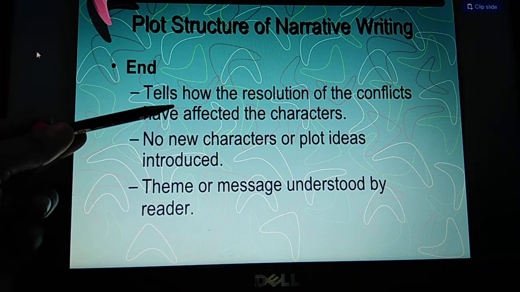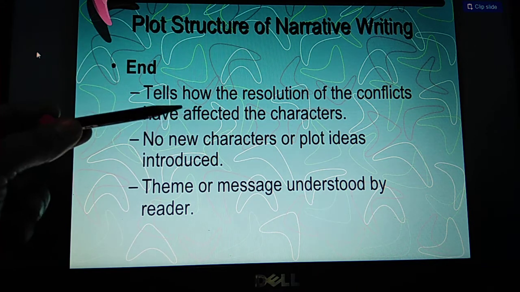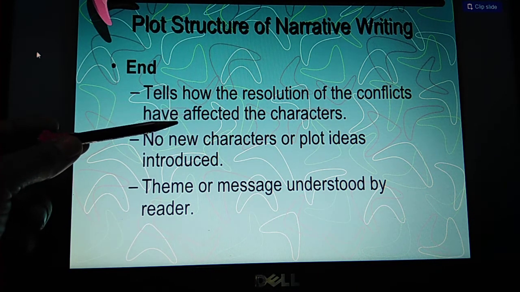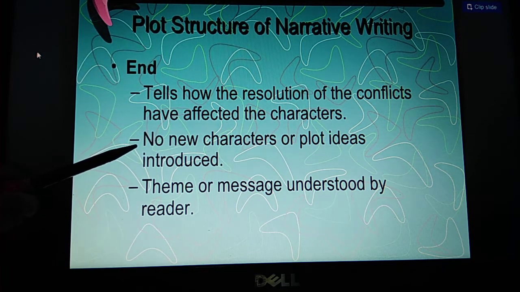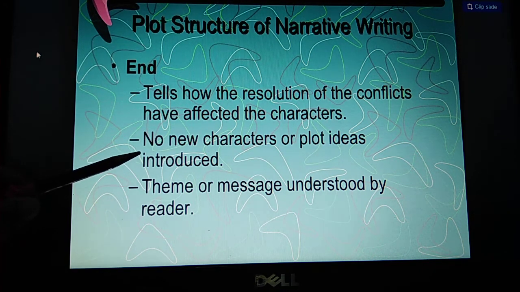Now, the climax is where everything is at its peak, ready to move towards the end. Okay. Now, the ending should tell how the resolution of the conflicts has affected the characters.